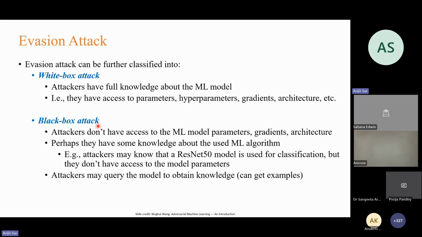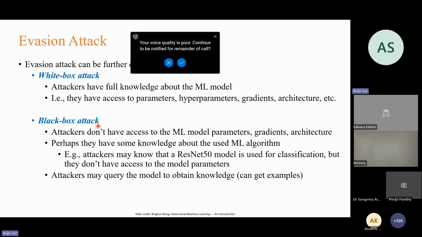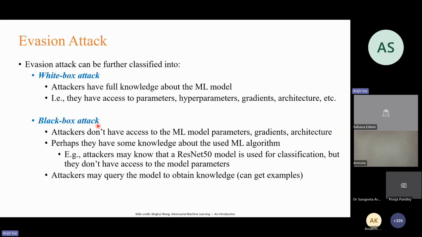That is important. Attackers may query the model, which is very interesting. They can take a model, because ResNet 50 is available, give some input, get some output, and based on this hypothesize the model. That can be done, but the model parameters are not known.